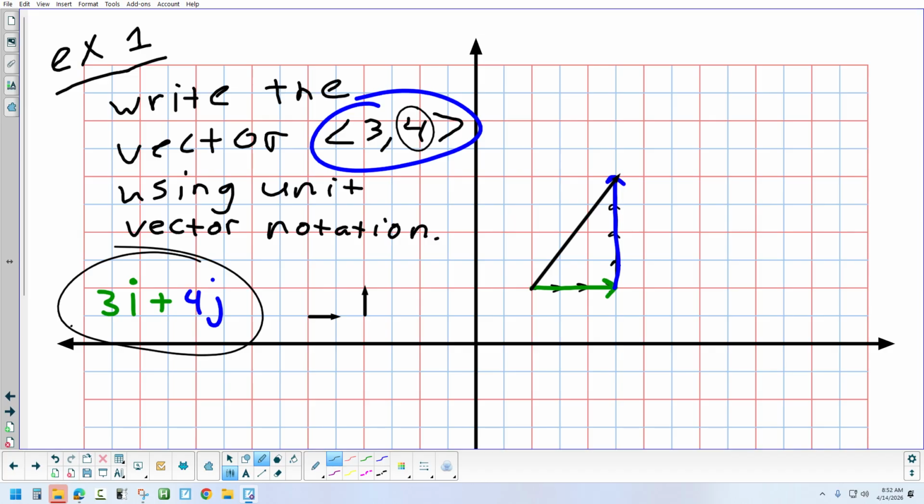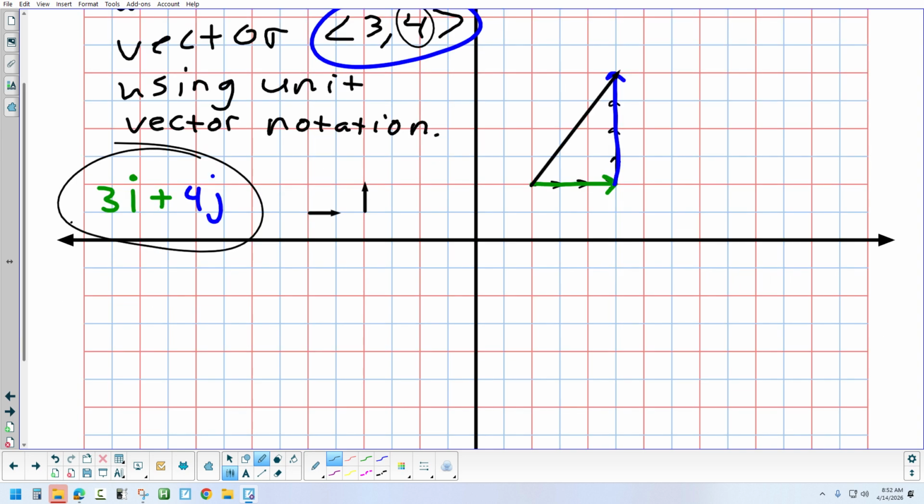So now, we can build any vector we want that goes up and to the right. But what if we wanted to build, say, a vector like that? What would we have to do to build something, because that goes in a different direction? Yeah, we could use negatives, right? So that might be negative 1i plus maybe 2.5 or 3j, somewhere around there.